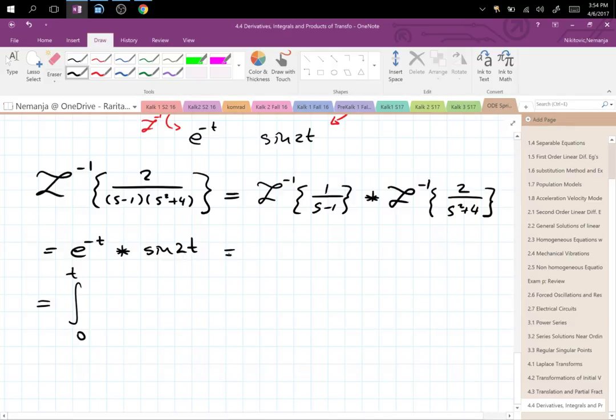So I'm going to switch this and write it as sine 2t convolved with e. It's commutative, right? So now I will have sine of 2 tau times e to the t minus tau d tau.